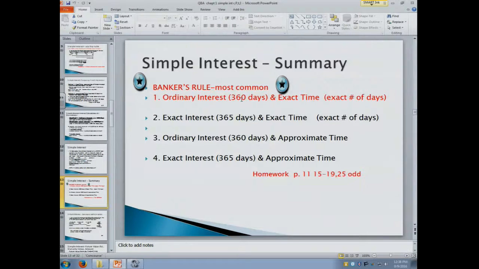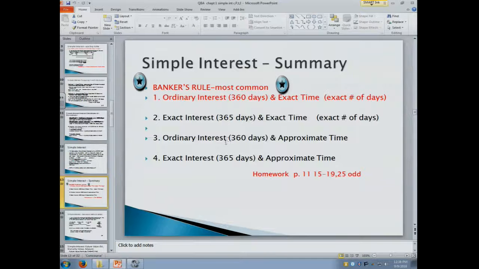And that comes back when there were no calculators and no computers, that bankers liked a nice round number like 360, and they still use it to this day. I could say exact time and exact interest. Then you would use 365 as the denominator.